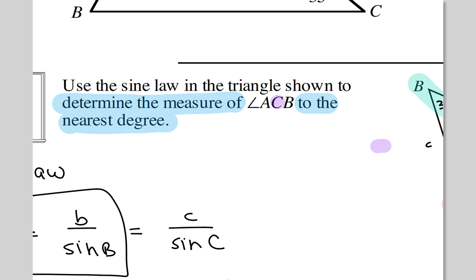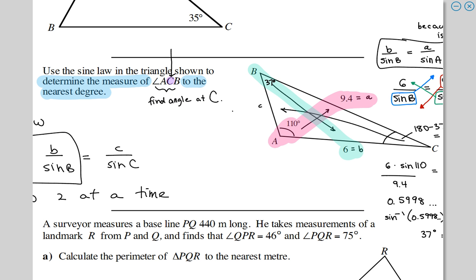If it says ACB, they want you to find angle at C, because the vertex is in the middle when you have this angle notation. Watch my pointer. A, C, B, they want this angle here. Got it? Okay.